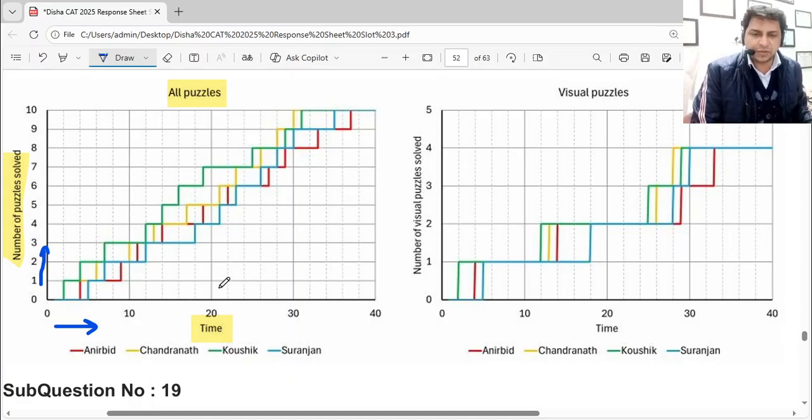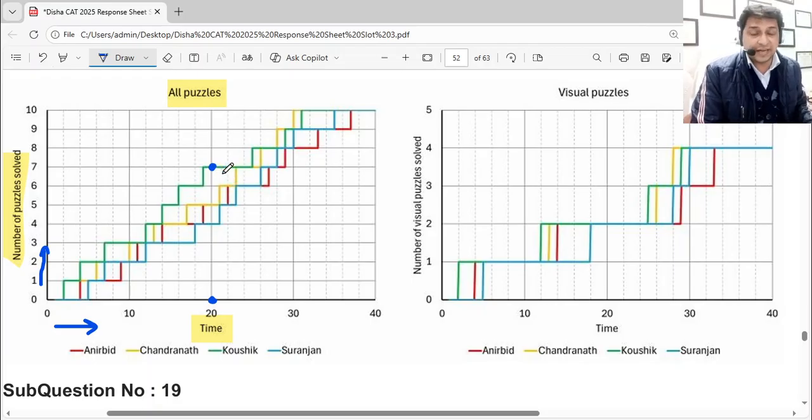Now who solved the most puzzles at the 20th minute? The 20th minute is on the x-axis. On the y-axis, whichever player has the maximum value has solved the maximum number of puzzles. Now if I look at the 20th minute, we can see the person with the green line has solved 7 puzzles.